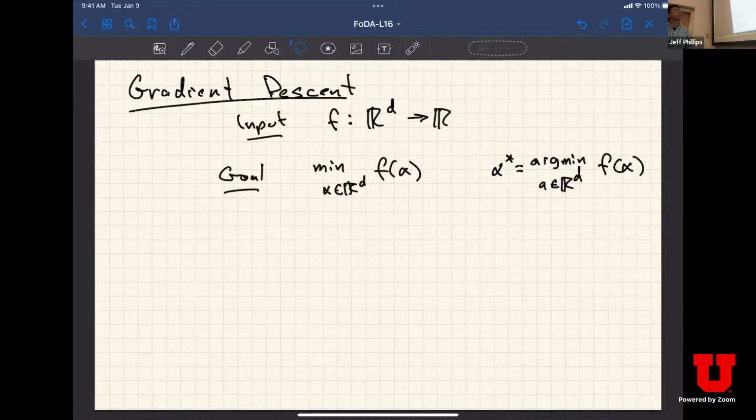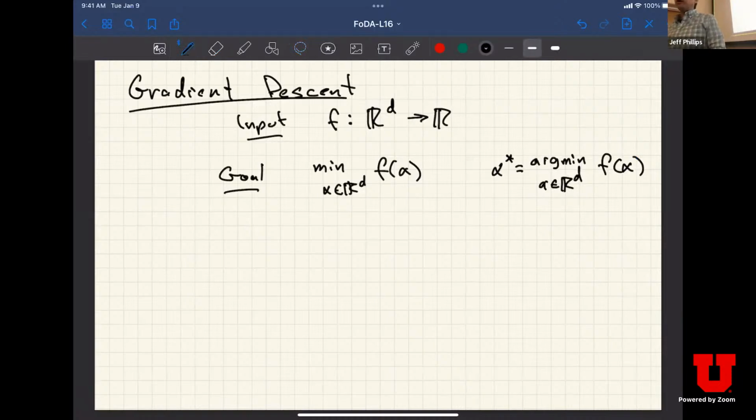So these are the ways of stating the goal: we want to find the minimum of the function. This will be a cost function that depends on the data, which you'll see on Tuesday. We're going to find the parameters alpha which minimize the cost with respect to the data. This will be our main goal here.